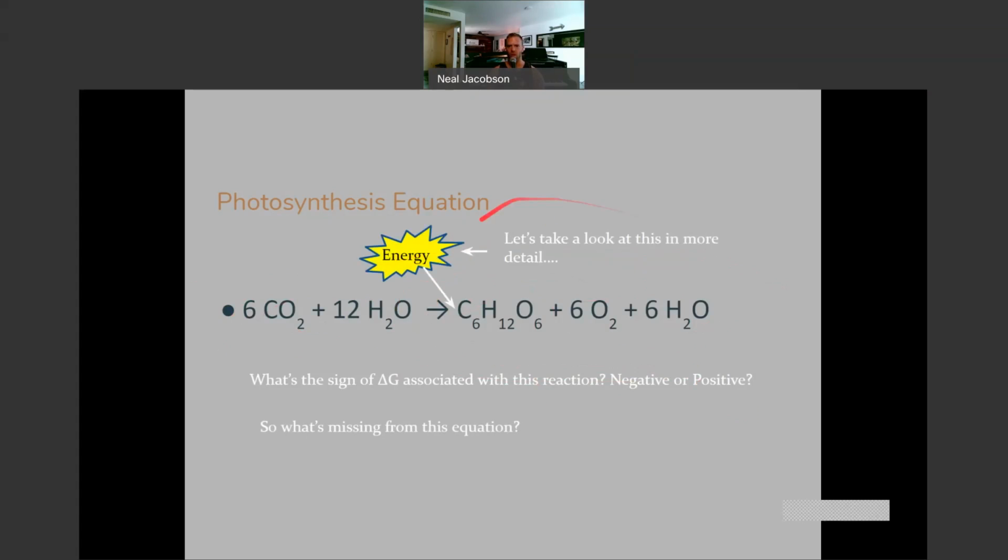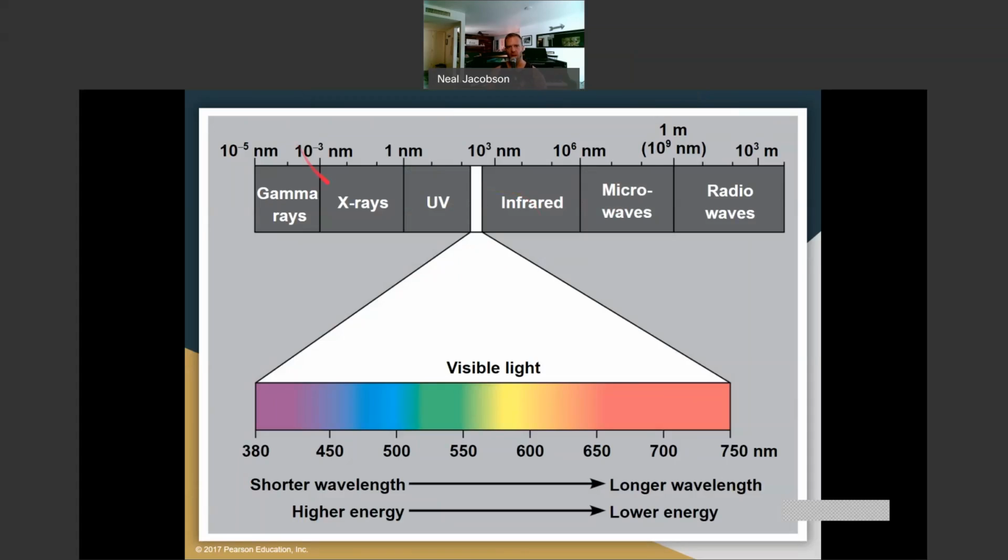Okay, so we're going to look at the energy that comes from the sun in more detail, right here. This is your electromagnetic spectrum, and it's done on a logarithmic scale, using nanometers as a unit of measure.